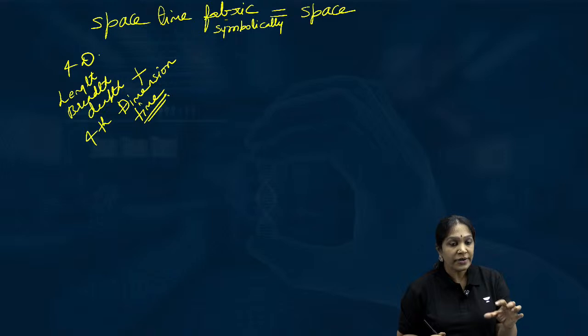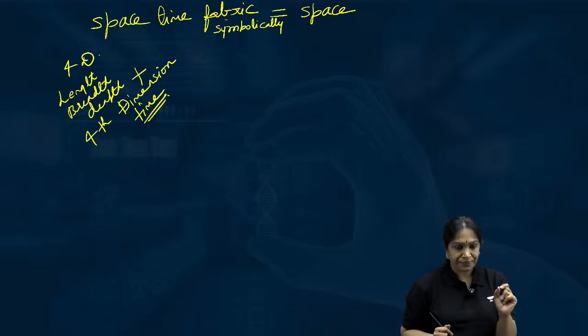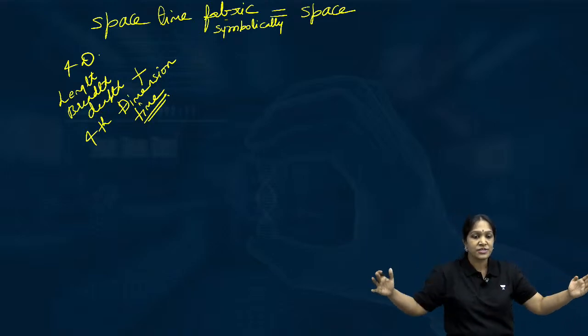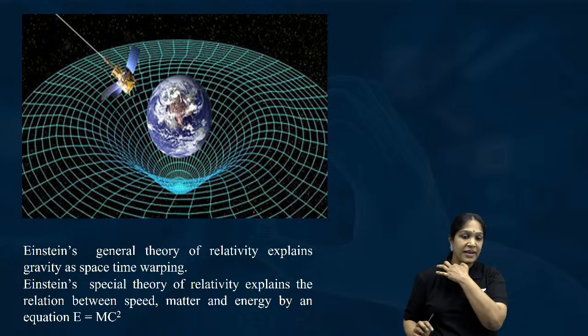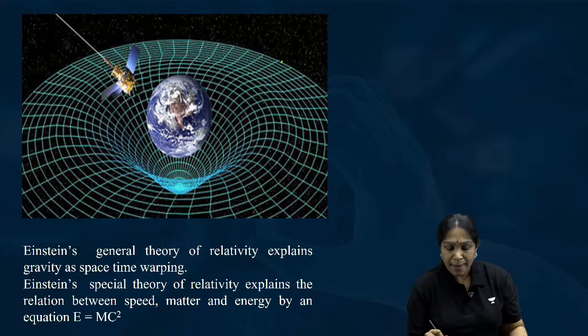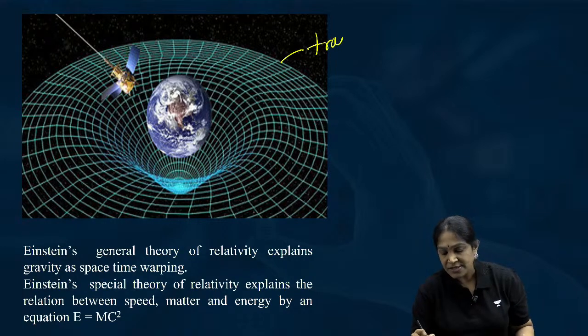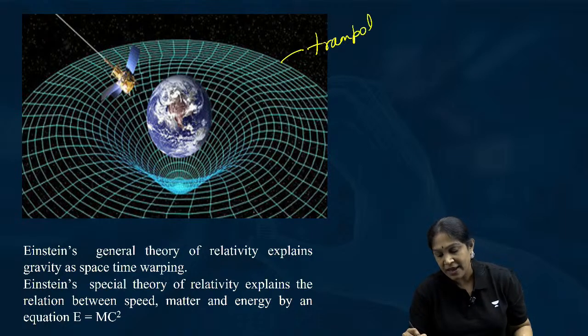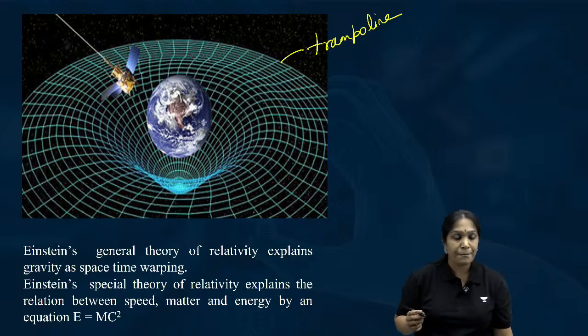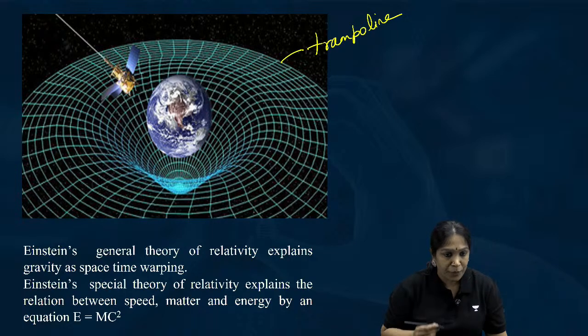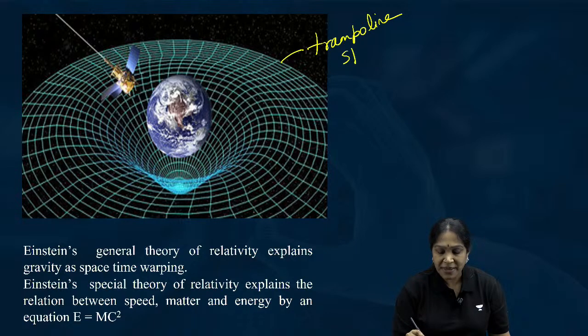That is called the 4-dimensional space-time fabric. Then imagine the space-time fabric as a trampoline. Have you ever played on a trampoline or been to a trampoline park? Yes. Okay, this is the space-time fabric.